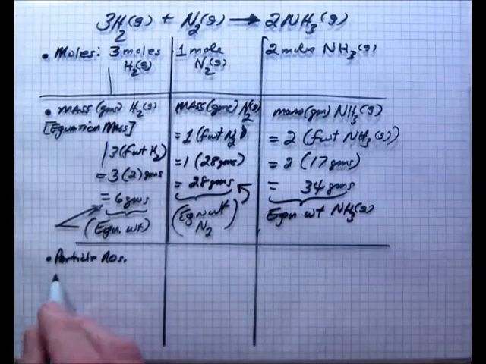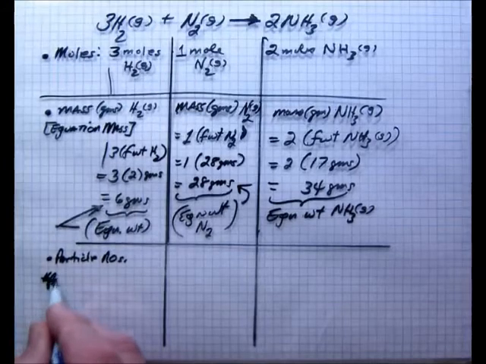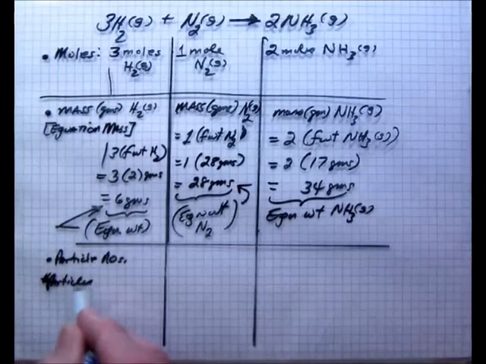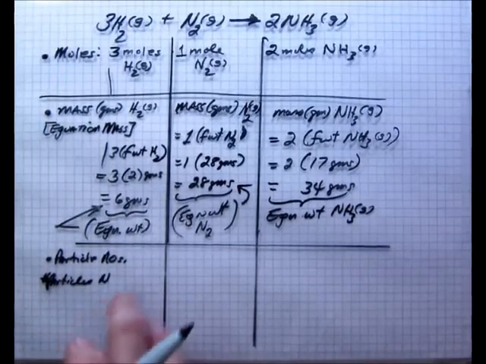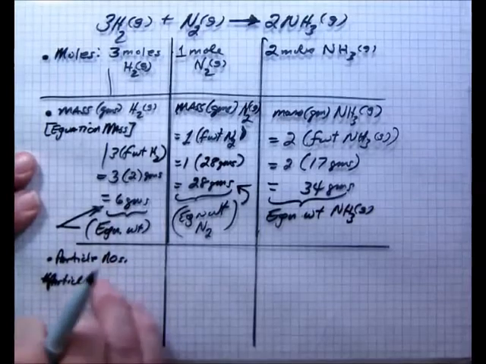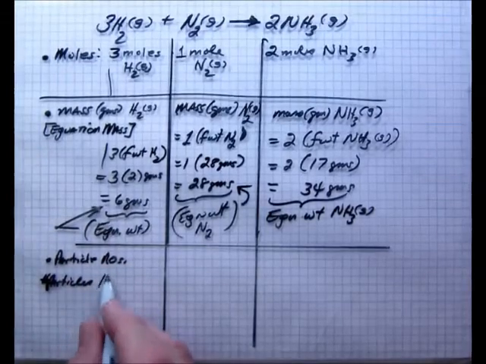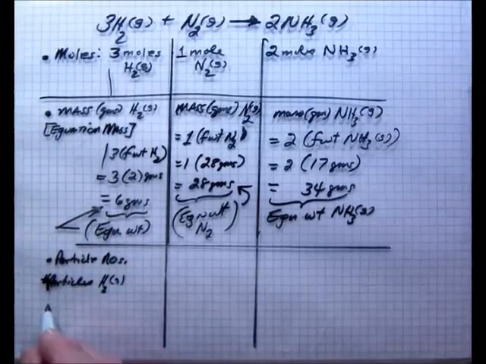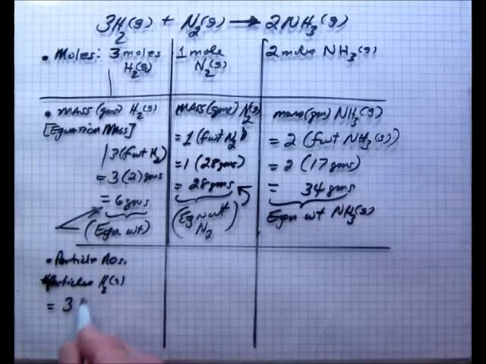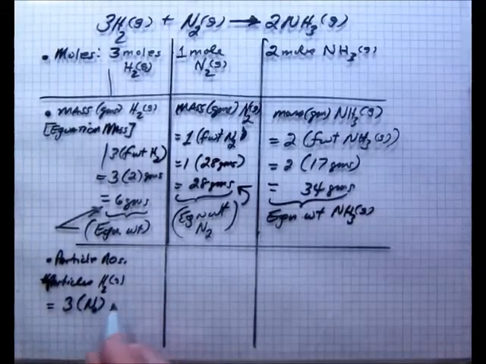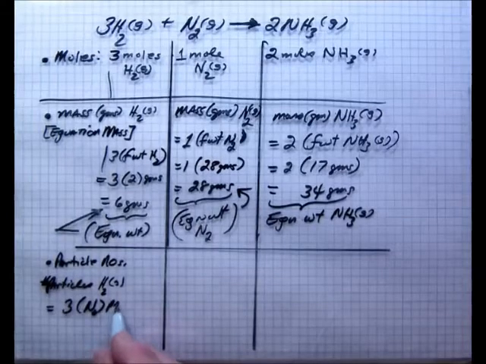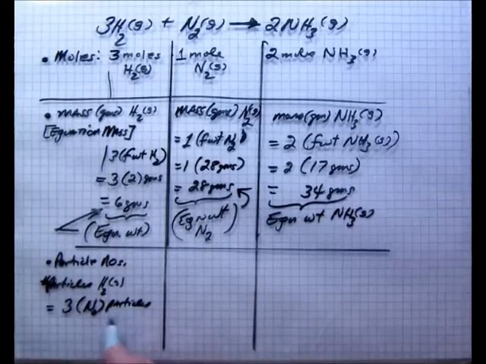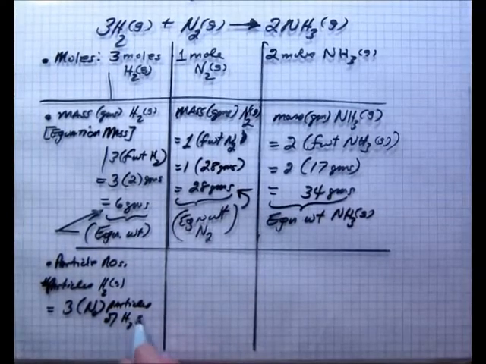So in this, the number of particles of H2, not N2, sorry, the number of particles of H2 gas is equal to 3 times Avogadro's number of particles of H2 gas.